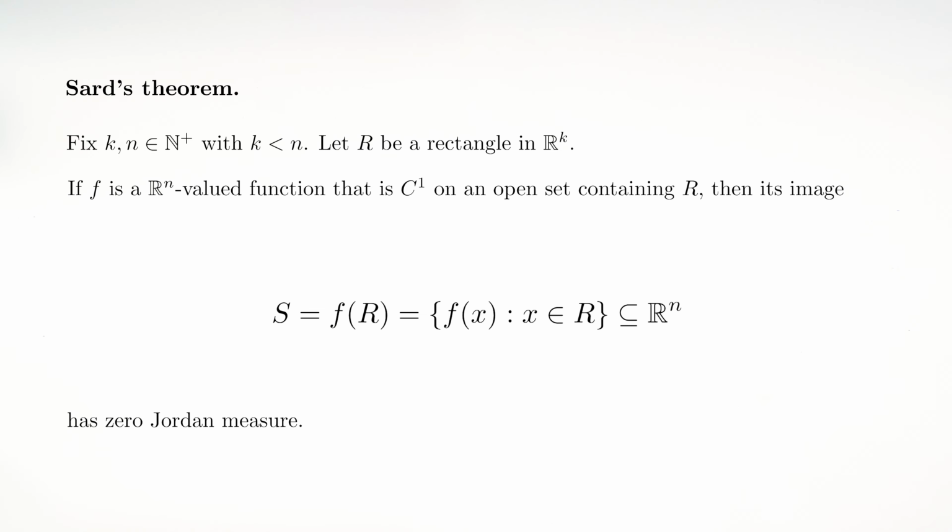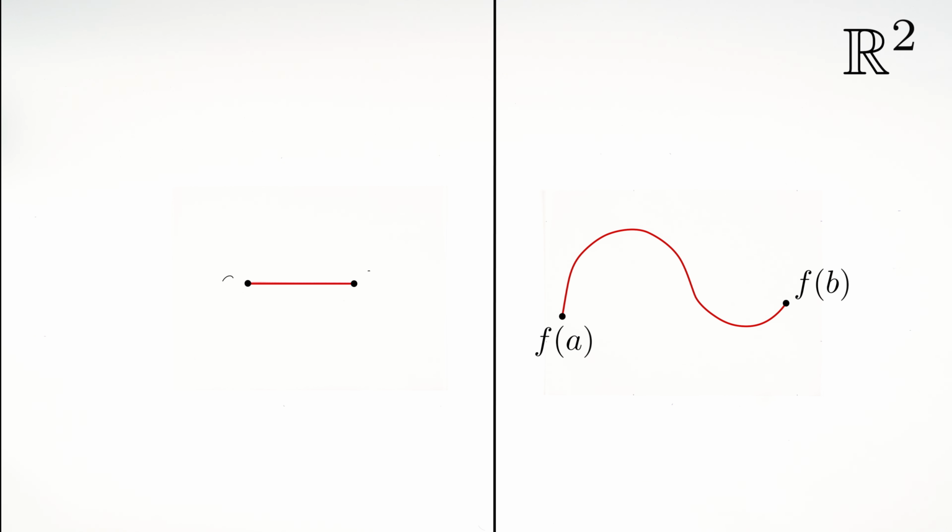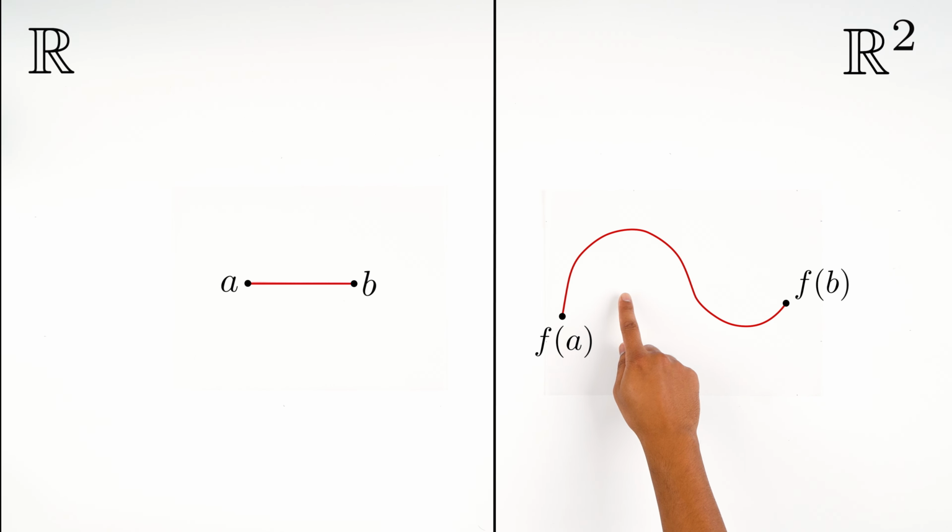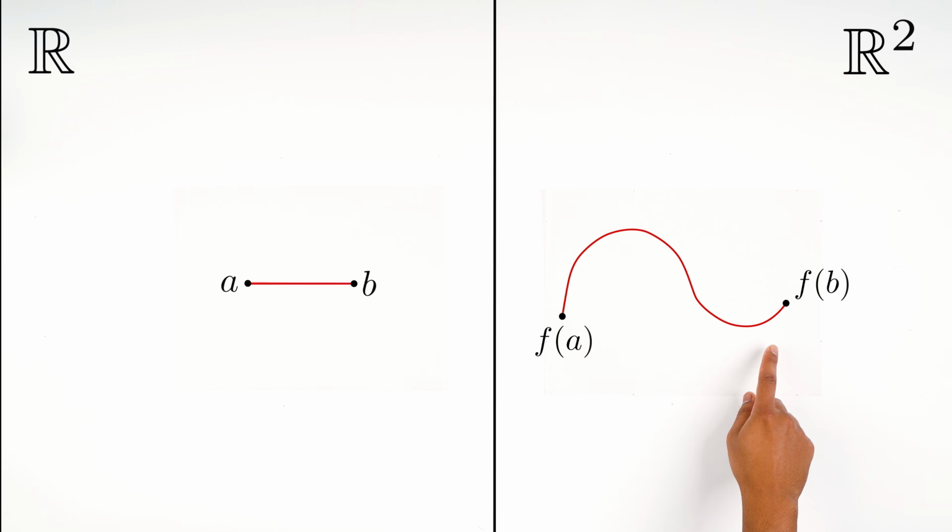In the case of our curve, we are lucky enough to be able to apply Sard's theorem, so let's visualize it. Assume our curve in two-dimensional space can be parametrized by a C1 map F from a closed interval AB in one-dimensional space. For example, imagine an ant walking along this curve.